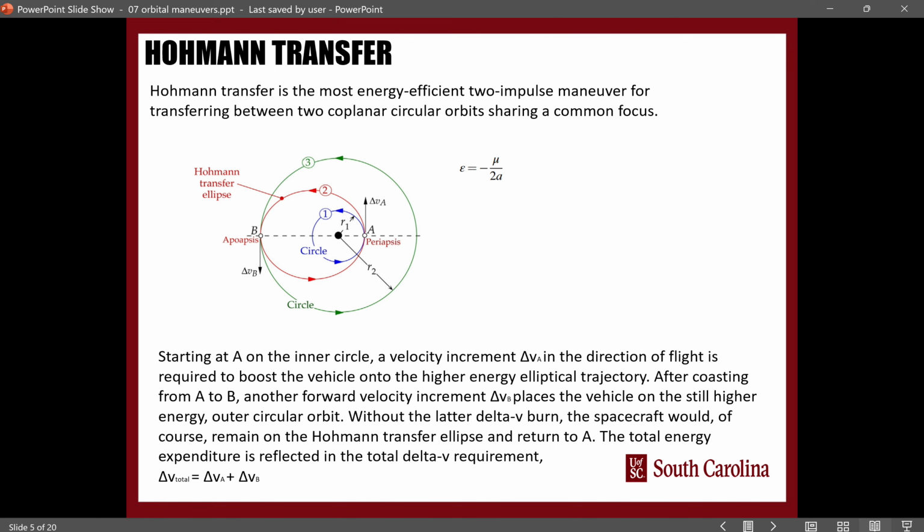This is going to be your first delta V. Second delta V is going to be the velocity of the second orbit at the Mars location, wherever you want to go to, and the velocity of the third orbit, that's your target orbit. Okay? So 2 delta V's. And the total delta V is going to be just these two delta V's added together. Okay?